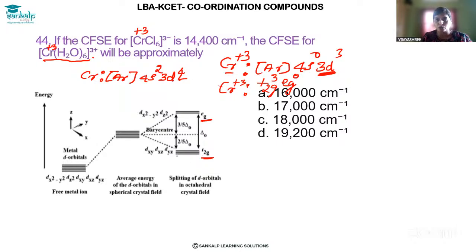So the number of electrons in the t2g orbitals is 3, and the number of electrons in the eg set will be 0. That's why I have written t2g3 and eg0. I hope you have understood the basic things regarding crystal field theory.